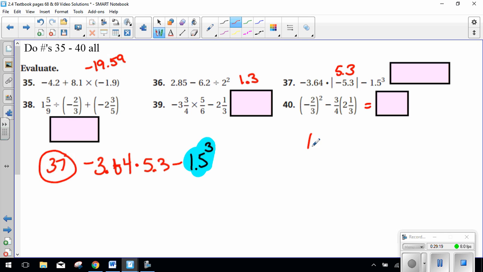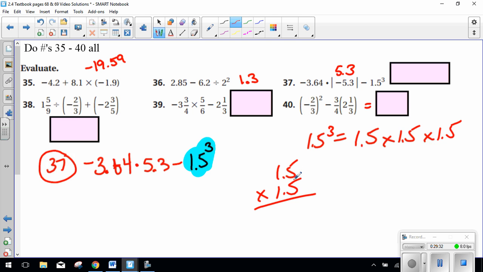So 1 5/10 to the third power is 1 5/10 times 1 5/10 times 1 5/10. So 1.5, 1.5. 5 times 5 is 25. That's 7. This is 5 and that's 1. So we get 5. That's 13.